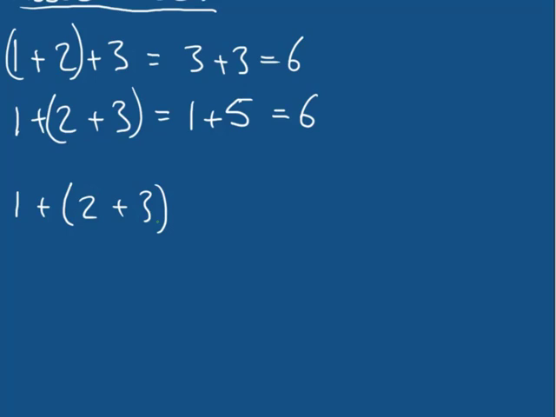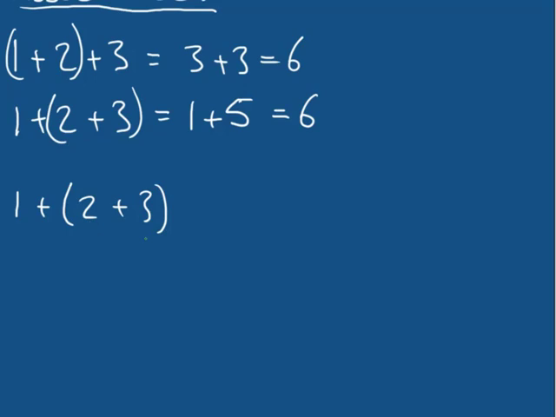Because we have grouped the 2 and the 3 together with parentheses, we know that we must evaluate this part of the expression first. That means 2 plus 3 is going to be evaluated before we use the result.